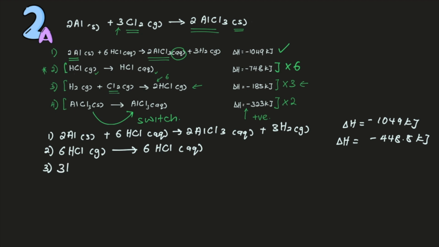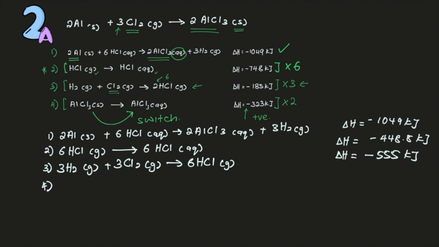So 3H2 in gas plus 3Cl2 in gas as well will produce 6 HCl in gas, whereby your delta H should be equivalent to negative 555 kilojoules.